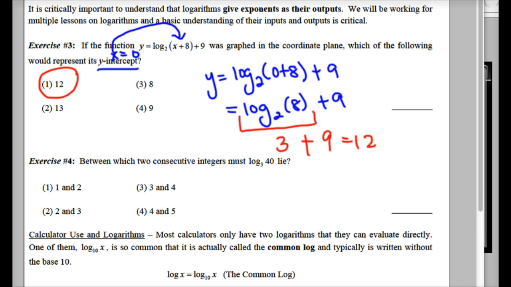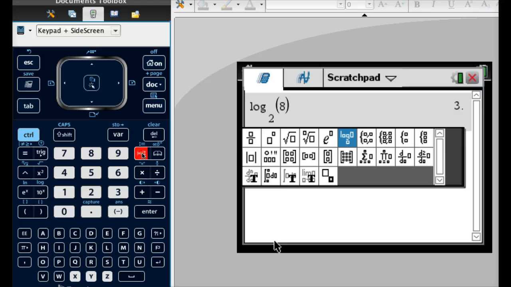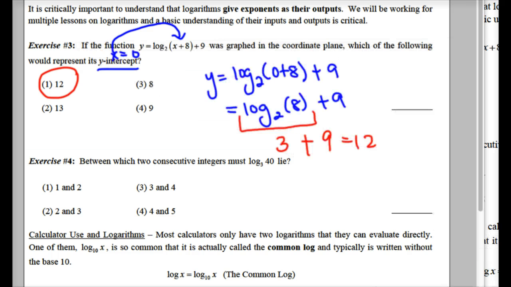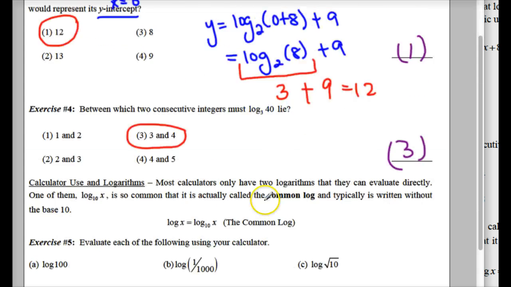So let's get our calculator and check this out. So it's the log of 340. Notice it's 3.53. That is actually between 3 and 4, which is choice 3. So this was 3, this was 1.